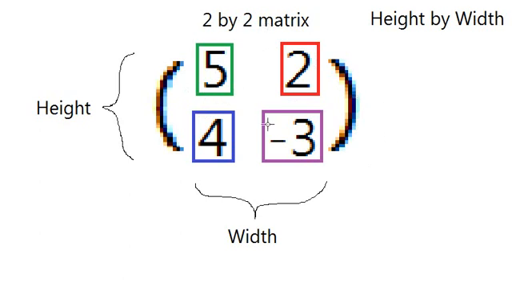Now look into the matrix and you'll find 4 numbers. The number of terms inside a matrix is given by the size of the matrix, and the numbers within don't interact with each other in any way.